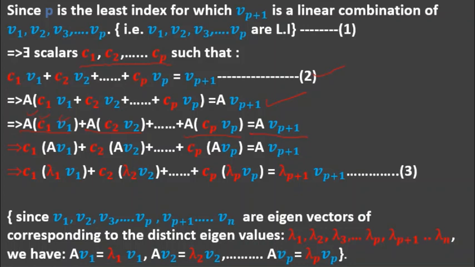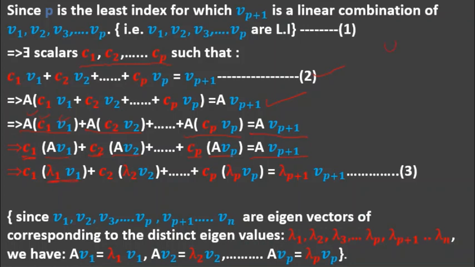So anytime you are multiplying these different types of elements, any scalar you can bring out. So bring out scalar C1 into AV1 plus similarly C2 into AV2 plus and so on plus Cp into AVp is equal to A into Vp plus 1, which implies C1 into, now what is AV1? Lambda 1 V1. Why?